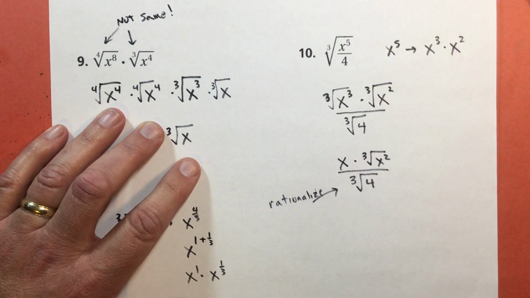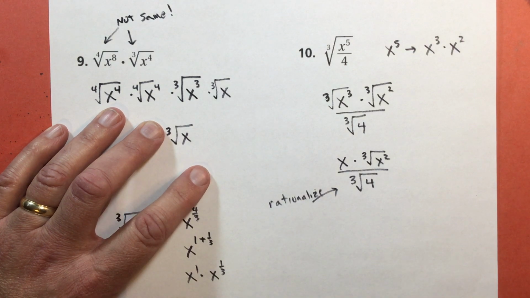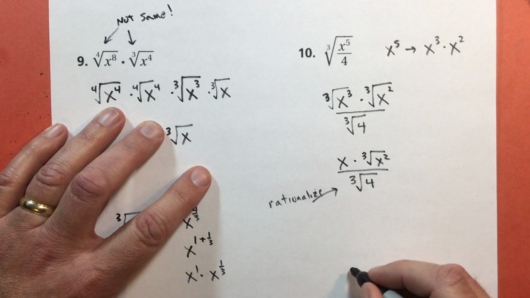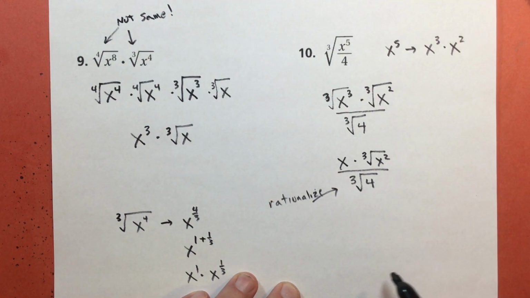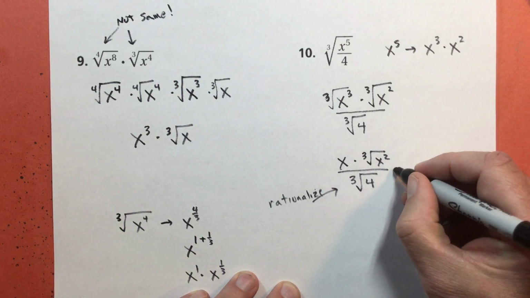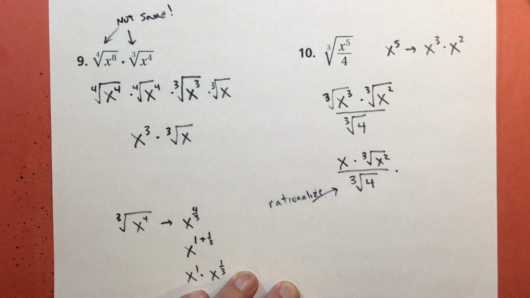Okay, so what more do I need? So I'm saying that something times something times something equals 4. So I need the other two.